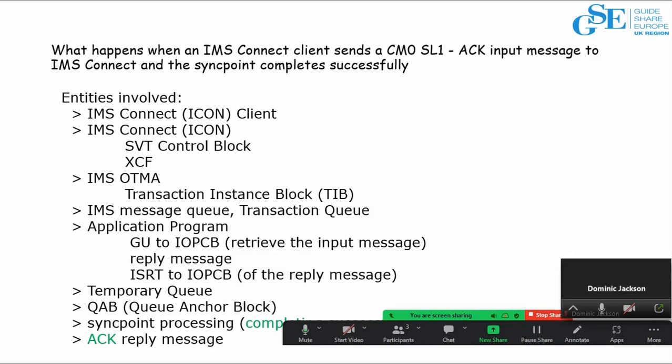One branch of this tree is that the sync point completes successfully, and the second branch could be that a client NAC, a client negative acknowledgement, occurs. So these are the two branches we can take.